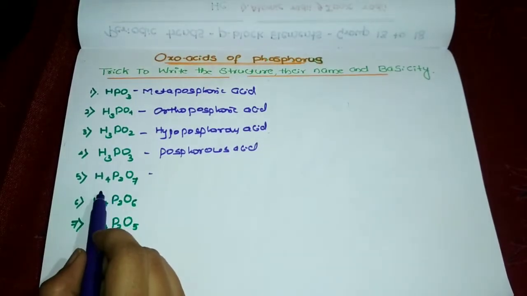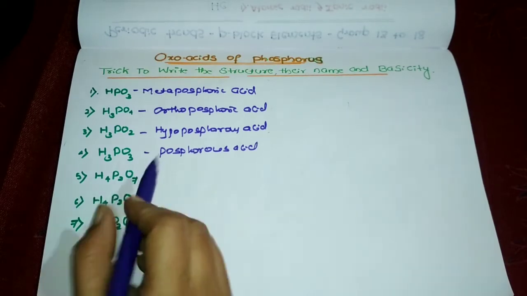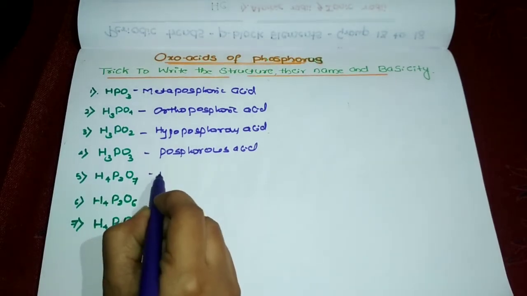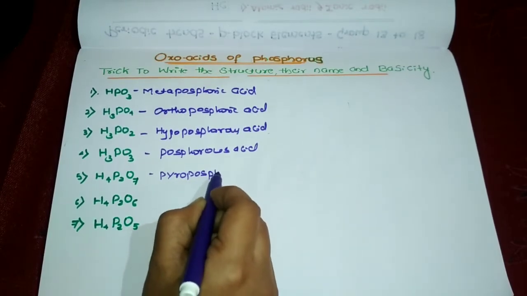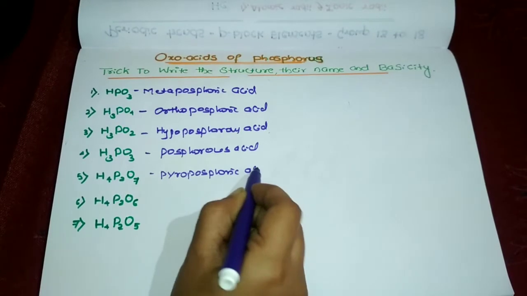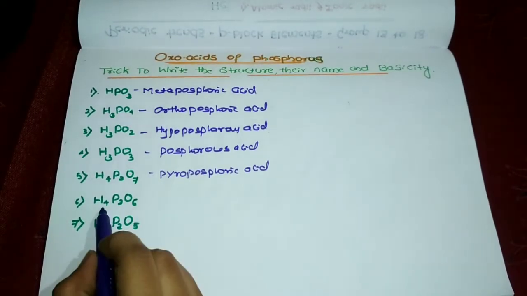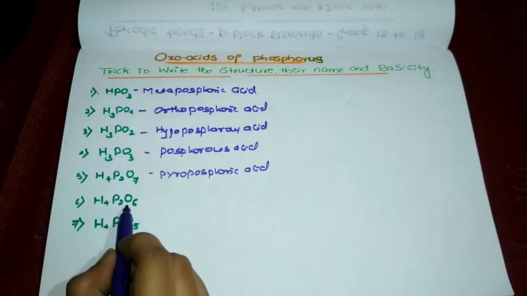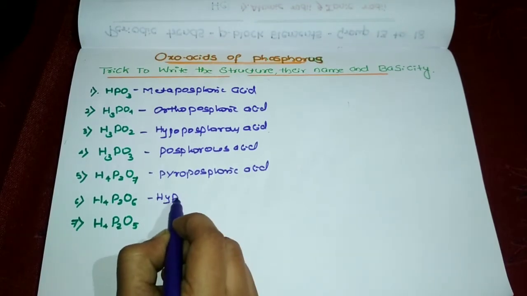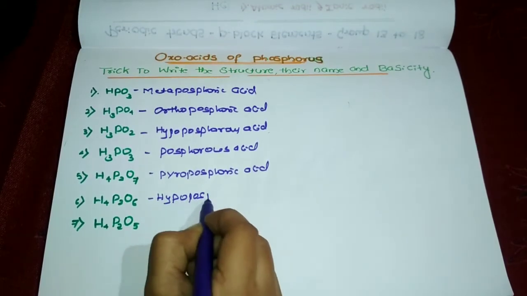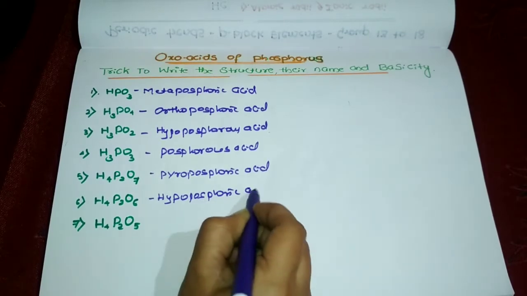Now H4P2O7 is known as pyrophosphoric acid. Now H4P2O6 is known as hypophosphoric acid.